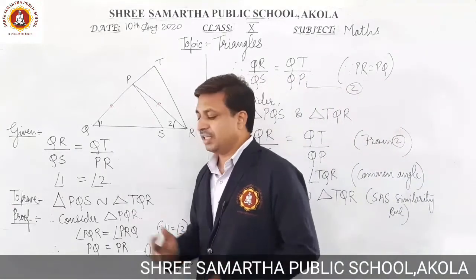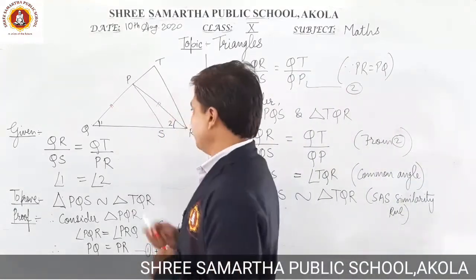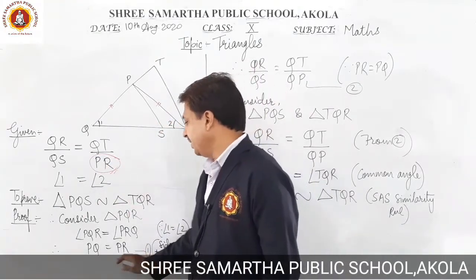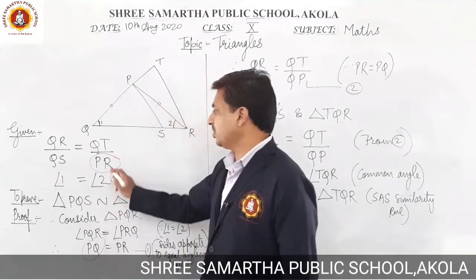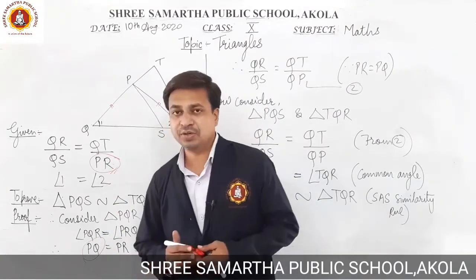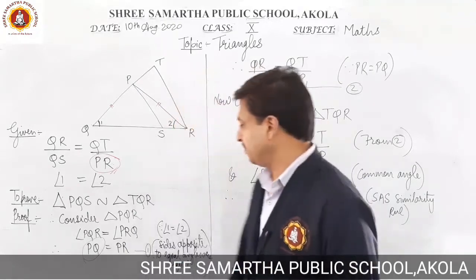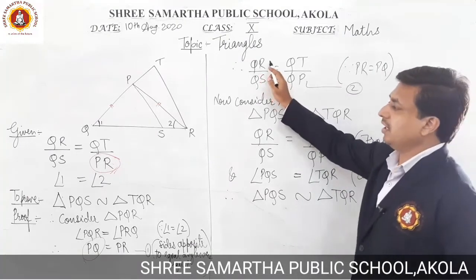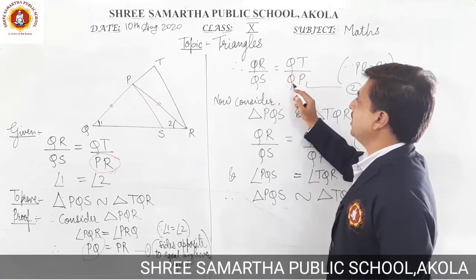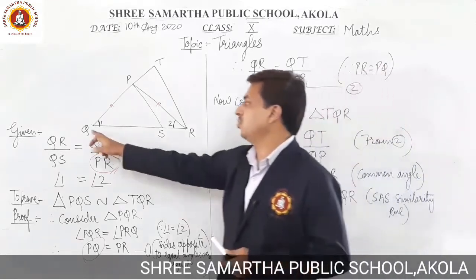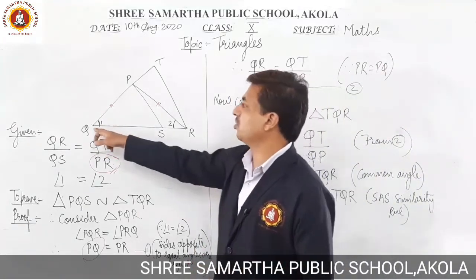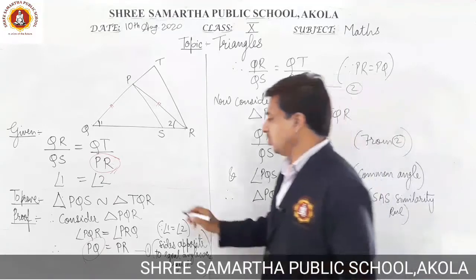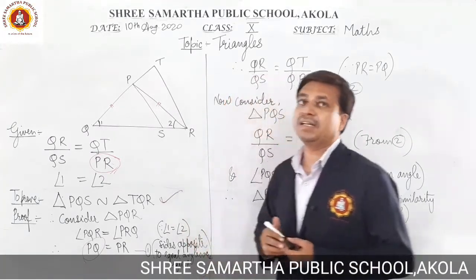Now in this given ratio, we can replace this PR by PQ. After replacing PR by PQ, we get QR by QS is equal to QT by QP. Now we will consider these two triangles which we have to show are similar.